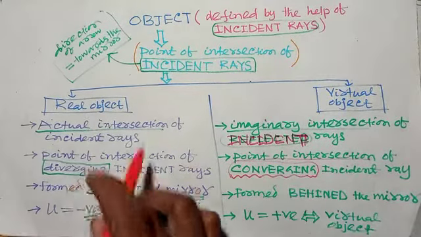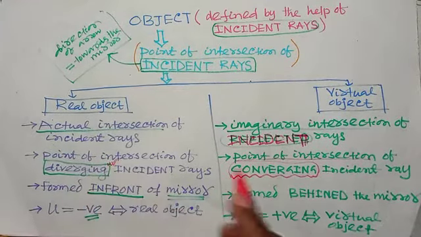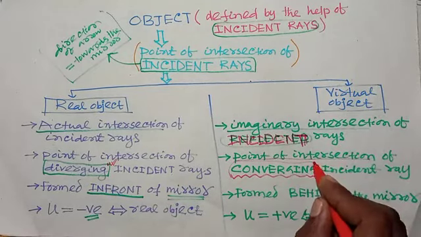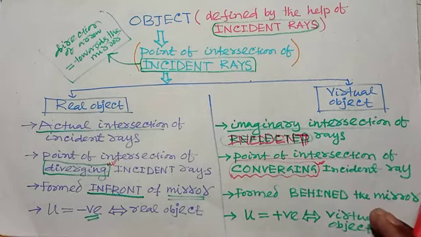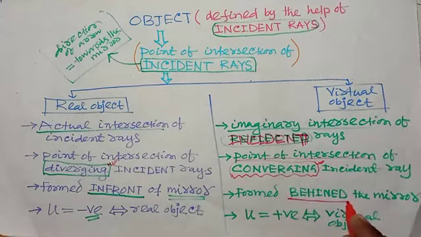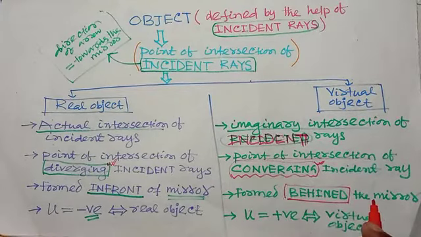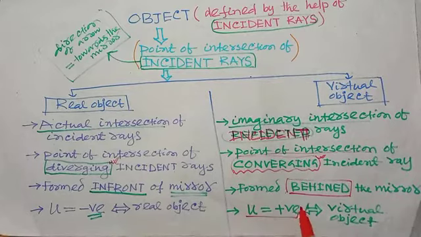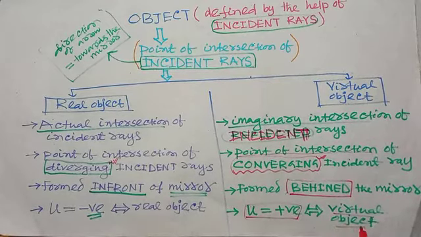In case of a real object, these are diverging incident rays, and in case of a virtual object, these are converging incident rays. So a virtual object is always formed behind the mirror. This you have to keep in your mind. And for a virtual object, the object distance is always positive.